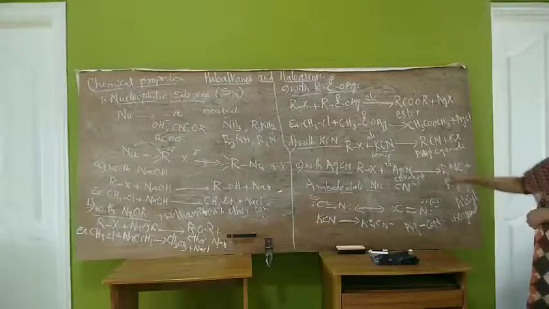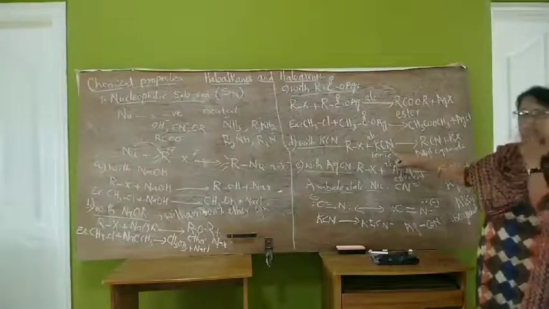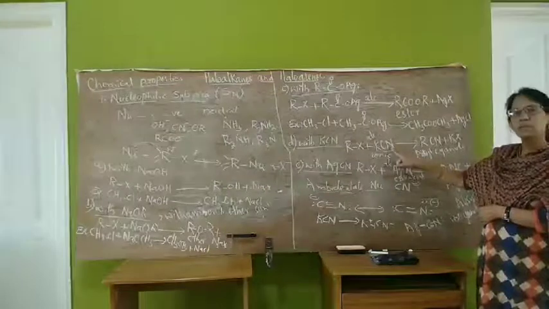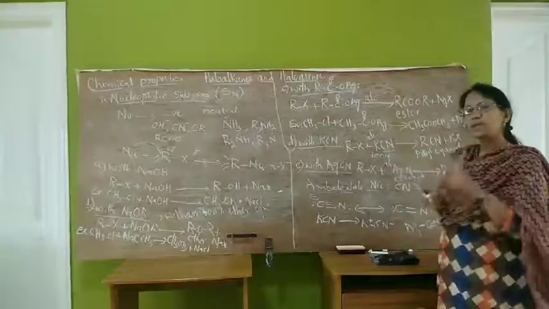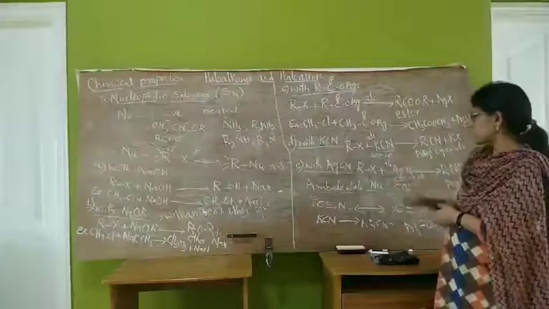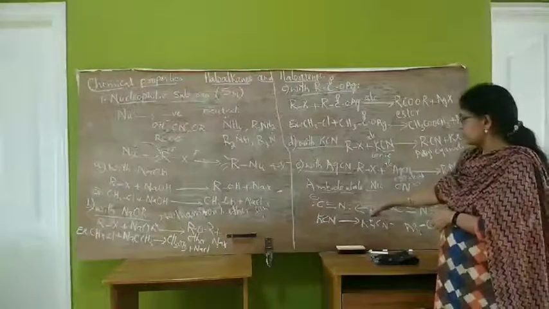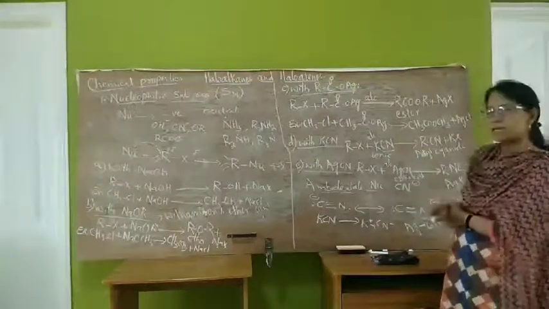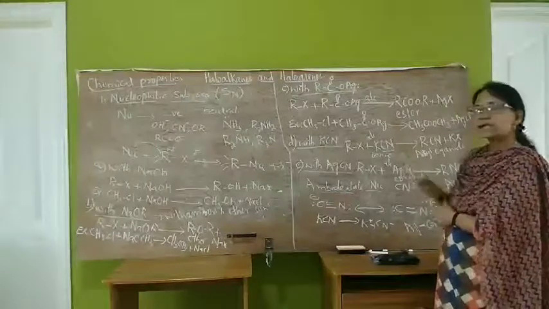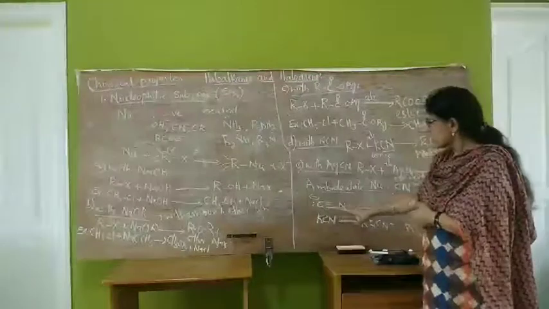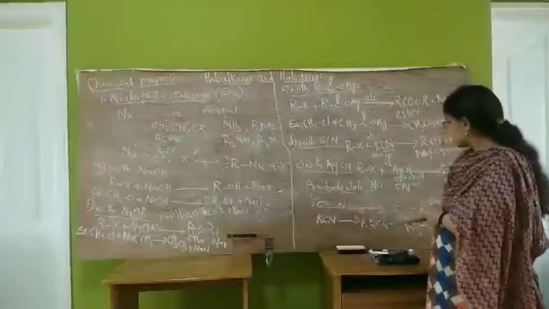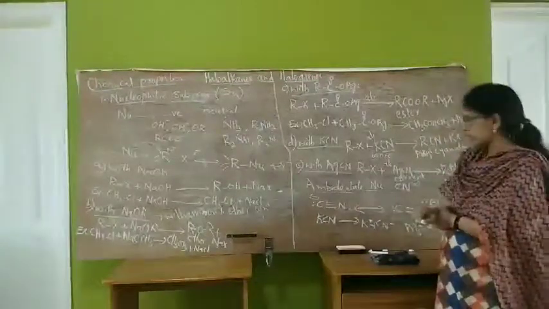This is because here we are using an ambidentate nucleophile. What is meant by ambidentate nucleophile? The nucleophile having two nucleophilic centers is called an ambidentate nucleophile, that is cyanide, CN minus. Cyanide has these two resonance structures.